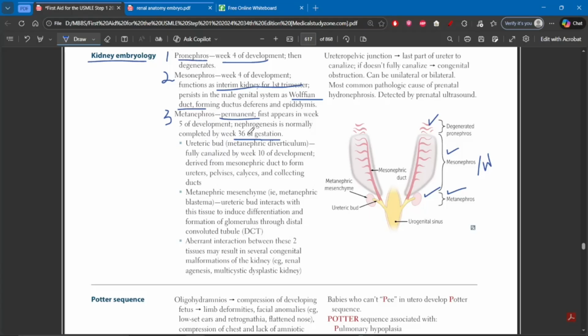The metanephros is basically composed of two structures. The one is the metanephric mesenchyme, and the other is the ureteric bud. The ureteric bud, which is also known as the metanephric diverticulum, is fully canalized by week 10 of development, derived from the mesonephric duct to form the ureter, pelvis, calyces, and collecting duct.